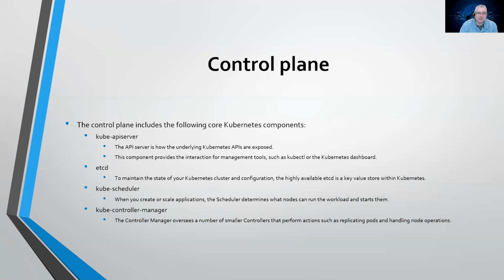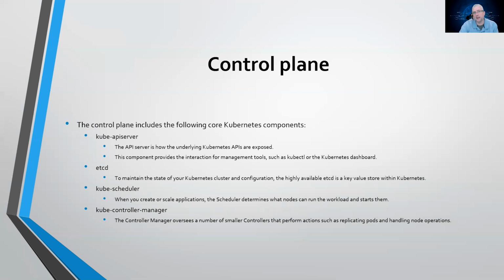So etcd maintains the state configuration, right? It's a key value store within Kubernetes. We don't have to worry about it. It basically makes sure everything stays where it's supposed to be and keeps those configurations. The kube scheduler, that's where you create and scale your applications.